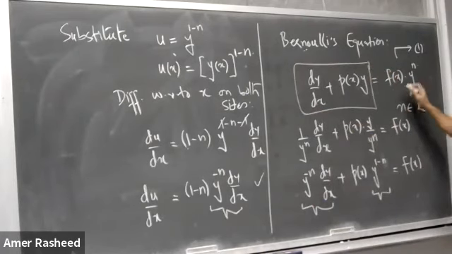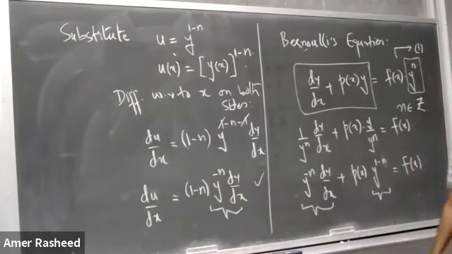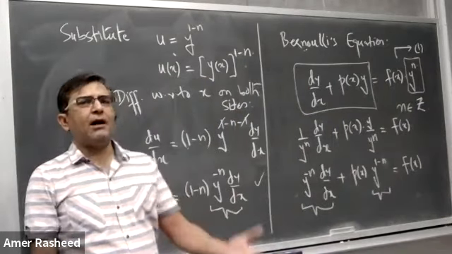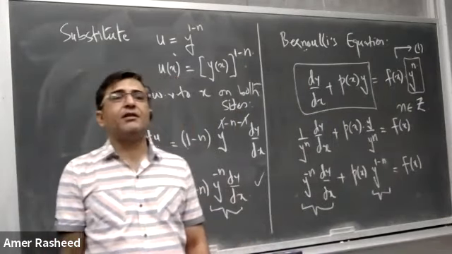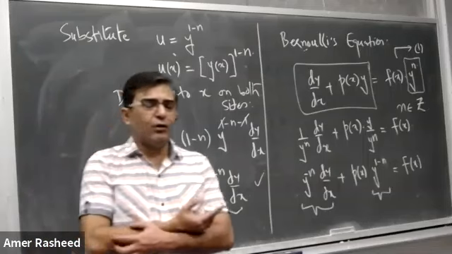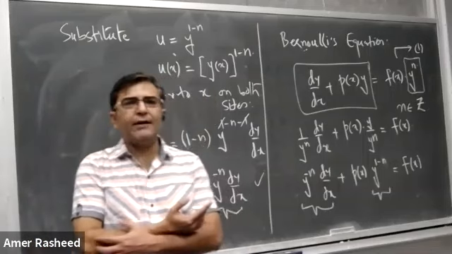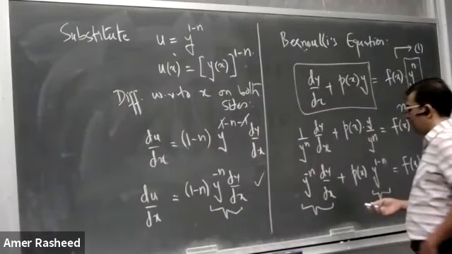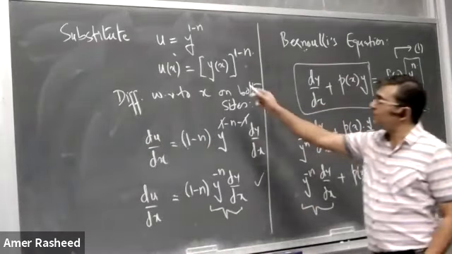The right hand side contains an extra term of this kind, some function of x times some power of y. Then this equation is Bernoulli's equation, and we can solve it by using a substitution of this form.